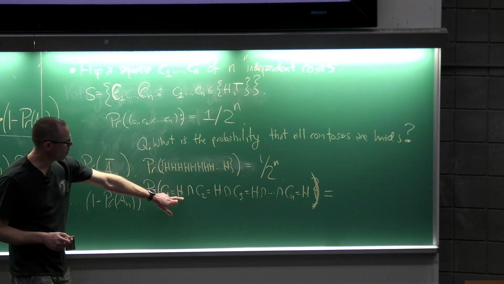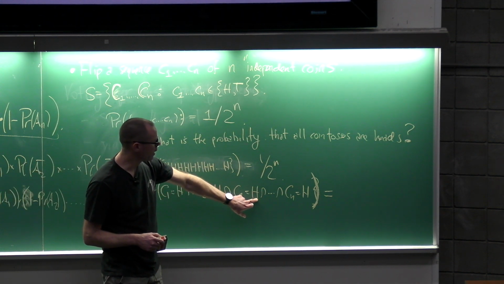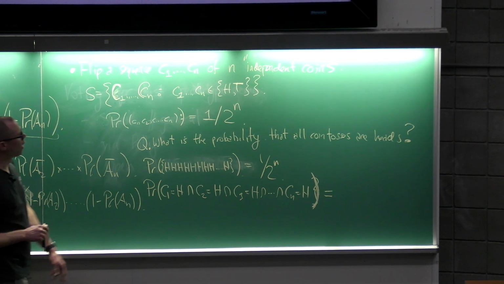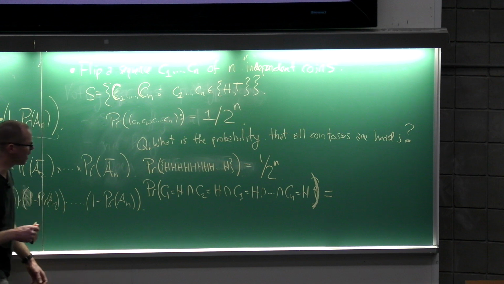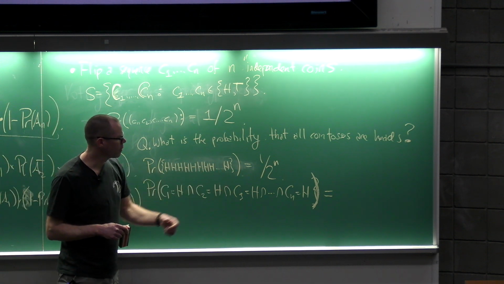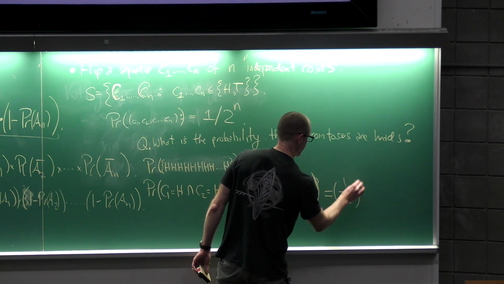Each probability is a half, and we said all of those were independent, so the probability that they all happen simultaneously is a half times a half times a half, n times, which is again 1 over 2 to the n.